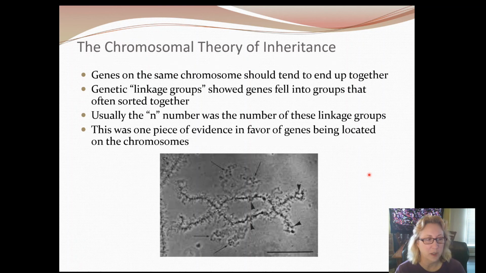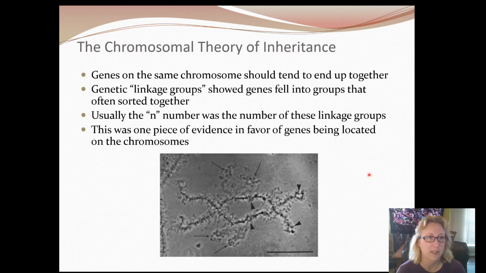Early genetic experiments with fruit flies and plants found linkage groups, traits that were not controlled by the same gene, but whose alleles tended to stick together during meiosis and reproduction. And these were called linkage groups. It was found that generally the number of linkage groups would be close to the number of homologous pairs of chromosomes.